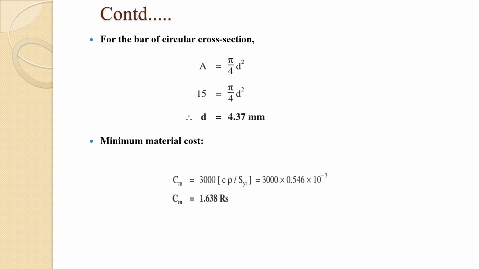This is the minimum or optimum material cost from the given materials. So write down in the last, plain carbon steel is selected for optimization of minimum cost, it is 1.638 rupees. Thank you for listening.